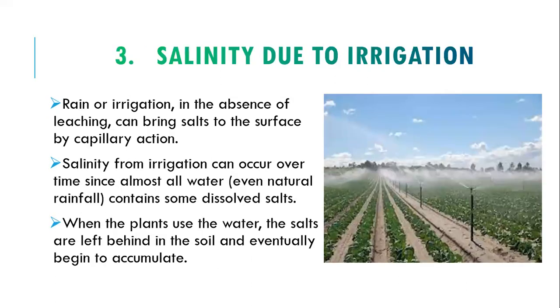The third one, the salinity due to irrigation. This is an artificial cause of salinity of soil. The rain or irrigation in the absence of leaching can bring salts to the surface by capillary action, whereby the salinity from the irrigation can occur over time since almost all water, even the natural rainfall, contains some dissolved salts. So when the plants use the water, the salts are left behind in the soil and eventually they begin to accumulate over the soil.